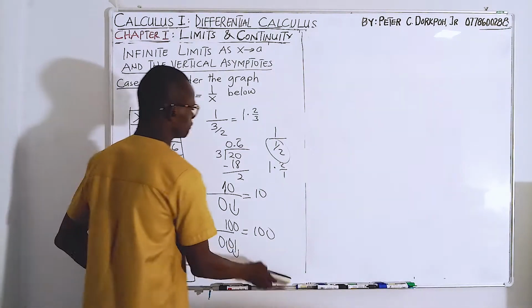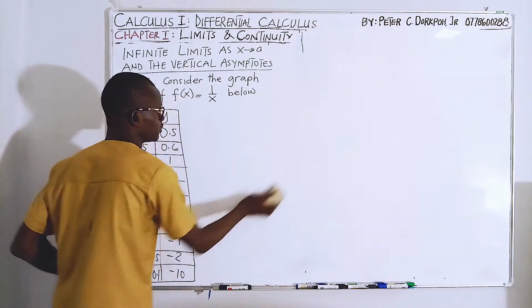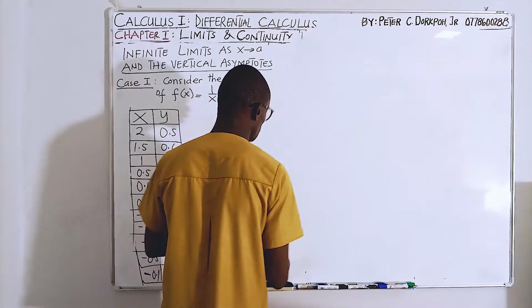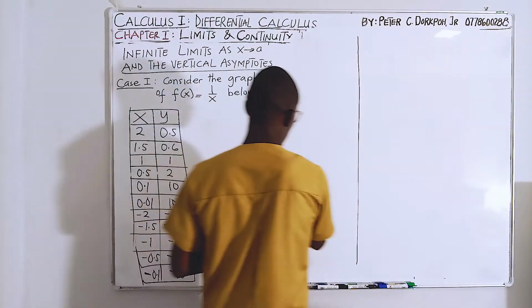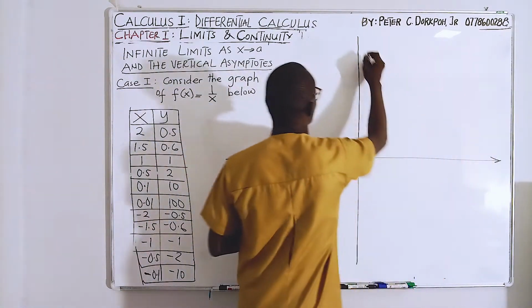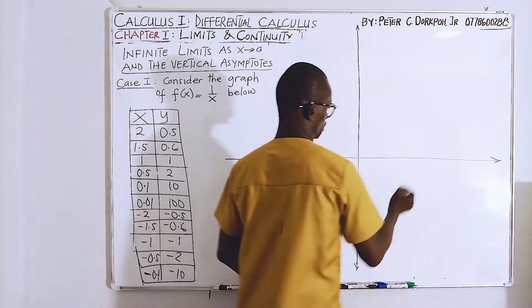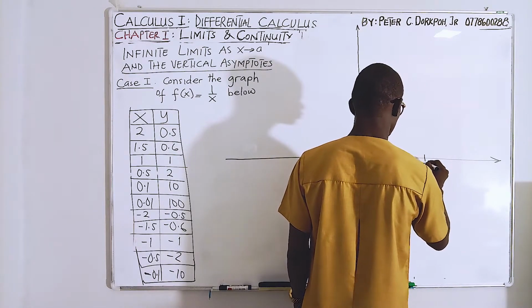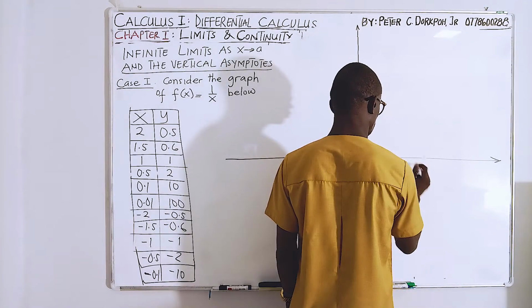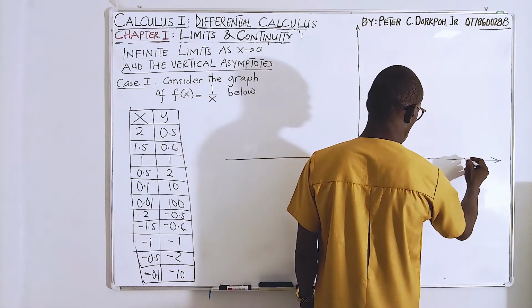Okay. Now let's plot these points on a graph and study the behavior of the graph. So let's have a graph like this. We're going to have this to be 1. We're going to have this to be 2.